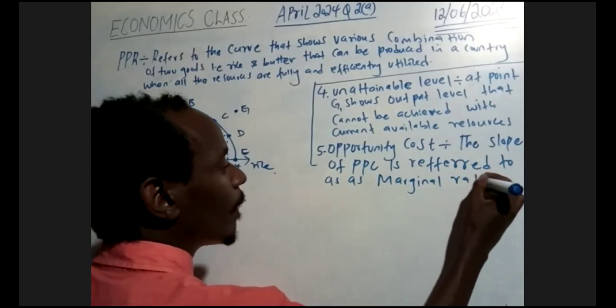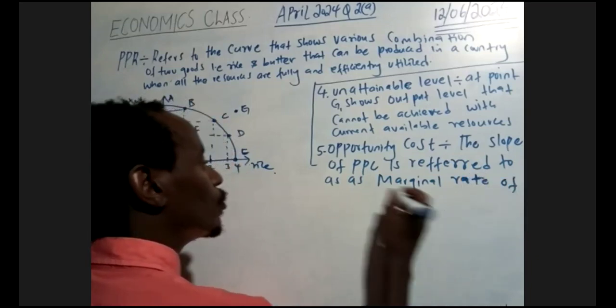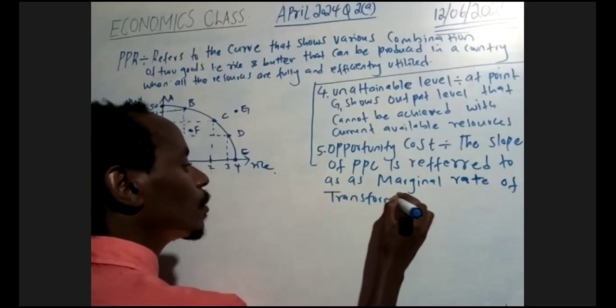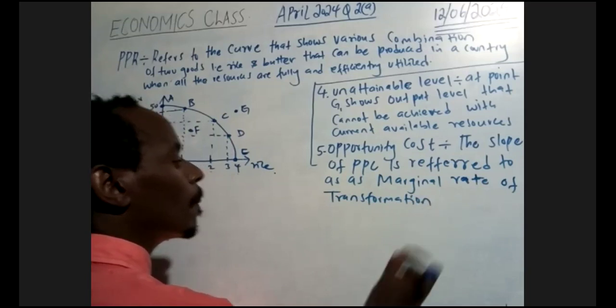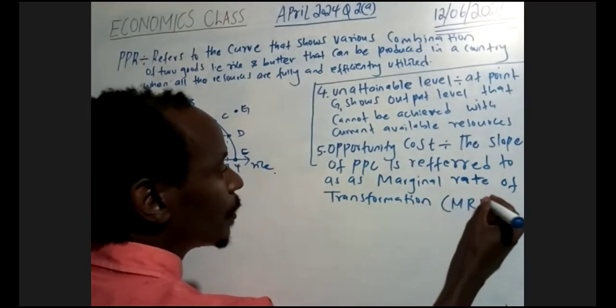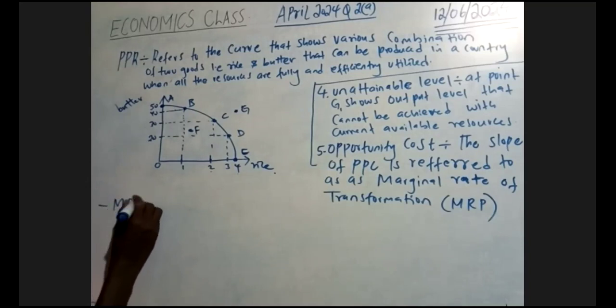Marginal rate of transformation, which is MRT. So the slope is usually referred to as the marginal rate of transformation, MRT.